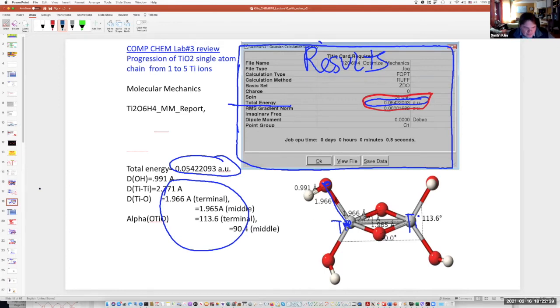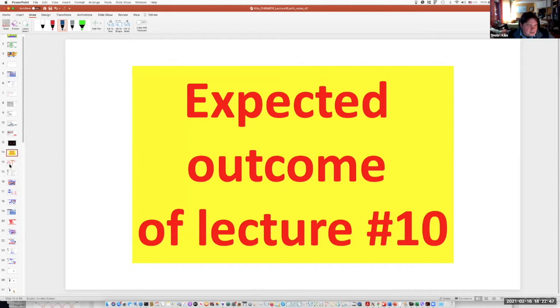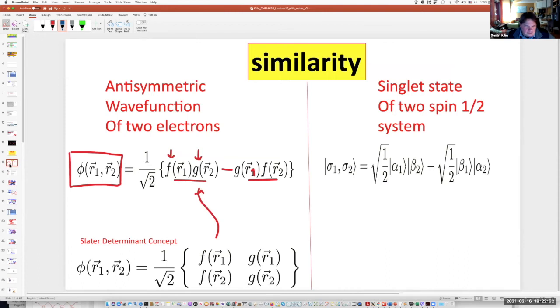But let's focus on the lecture material, on the spin and antisymmetry. So last time we met for the didactic lecture last Friday, we got this equation. So two functions for single electron wave functions, we can call them phi1, phi2, or f and g, and two electrons, first and second.